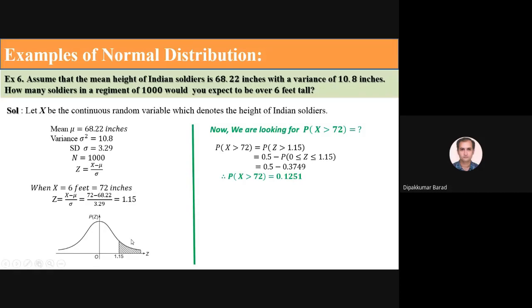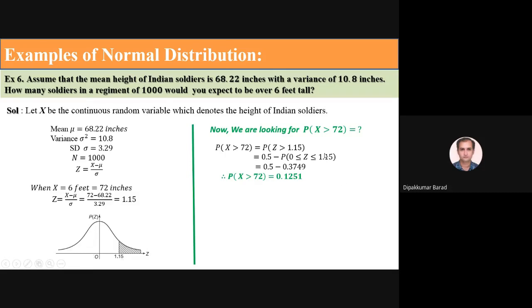How can we find this area for z greater than 1.15? We know that the right-hand side of the y-axis has area 0.5, and I can subtract the area between 0 and 1.15 under the curve. So 0.5 minus the probability of z between 0 and 1.15.